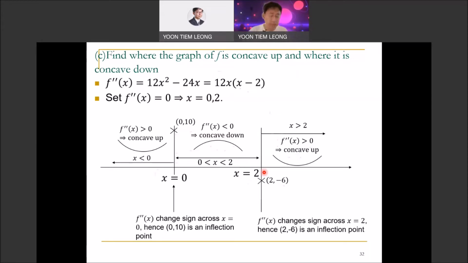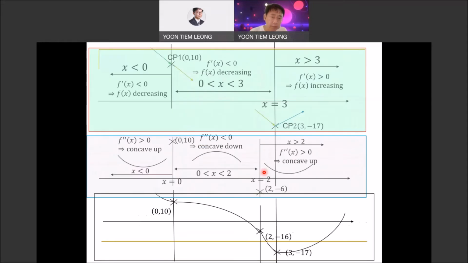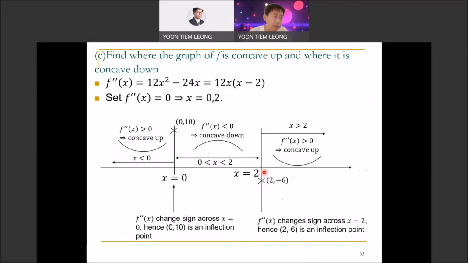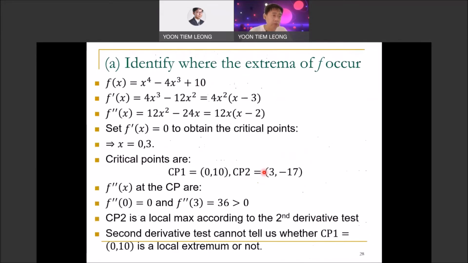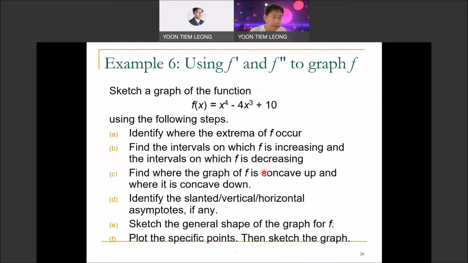That would tell you the concavity of the function. Then, in order to plot the graph of the function x to the power 4 minus 4x cubed plus x, you have to combine the information that you obtain from A, B, and C into a single graph. So B tells you the critical points and the trend of the function. C tells you the concavity of the function, and then you have to combine them together.